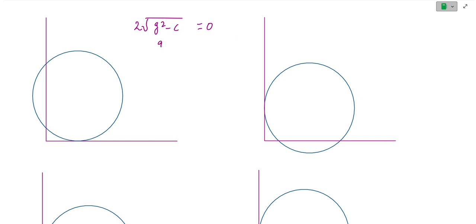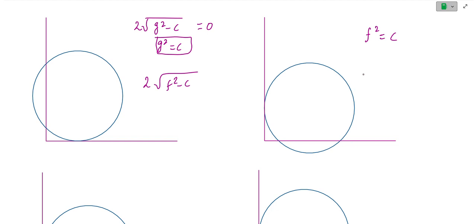So this condition will give me that g square is equal to c. The y-intercept is still 2 times under root f square minus c. And here the circle is touching the y-axis. So then the condition will be f square should be equal to c.